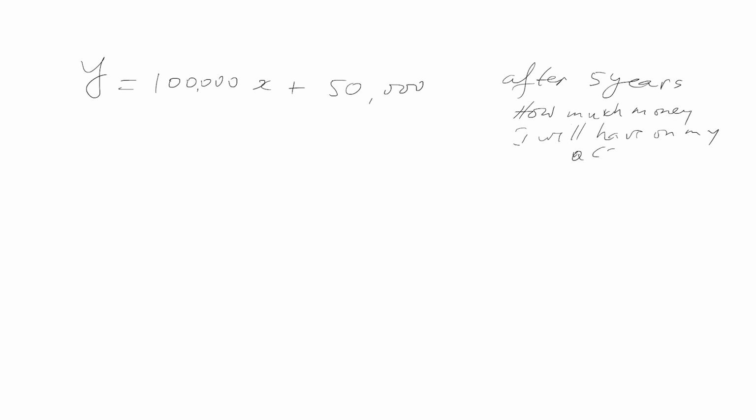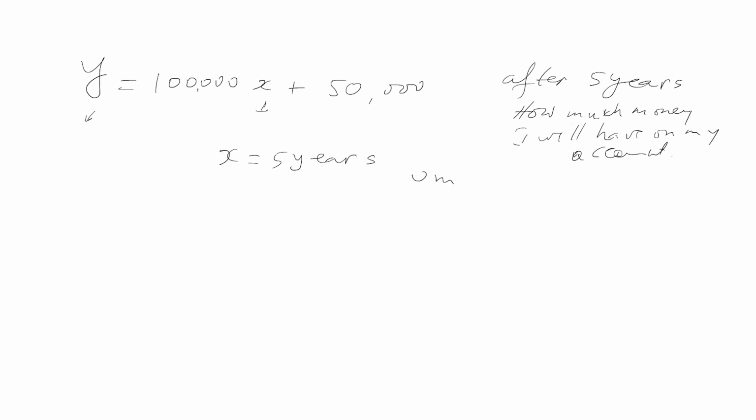Now, what does this mean? 5 years is a time. And remember, my linear function has two variables: the amount of money and the time. Since it's about time, I will replace this x. That x is equal to 5 years. What to consider is the unit.